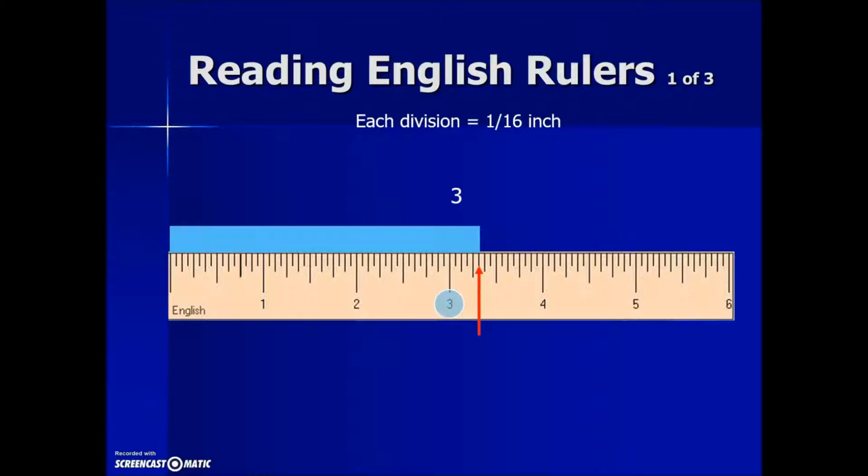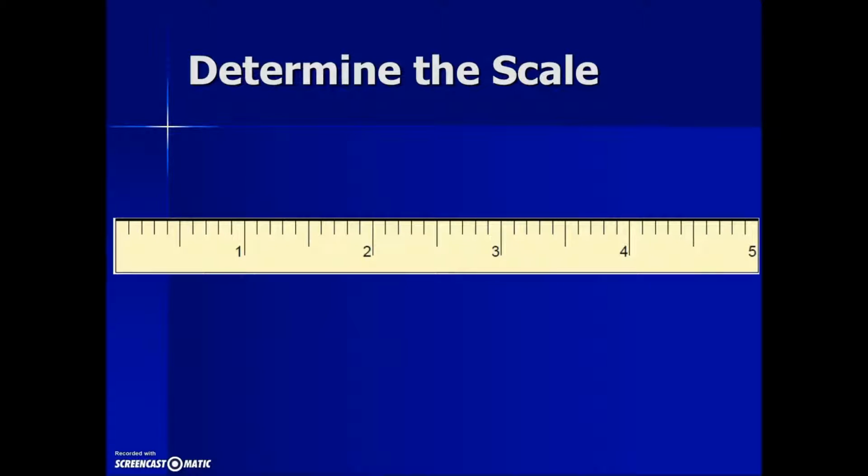Then we count the number of tick marks or divisions to determine what fraction of an inch this length of an item is. Since there's 5 divisions past 3, and this is a ruler having 1/16 of an inch, this blue bar here is 3 5/16 inch long.